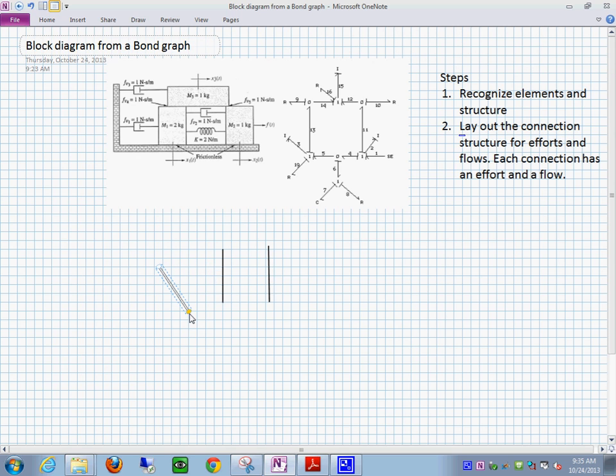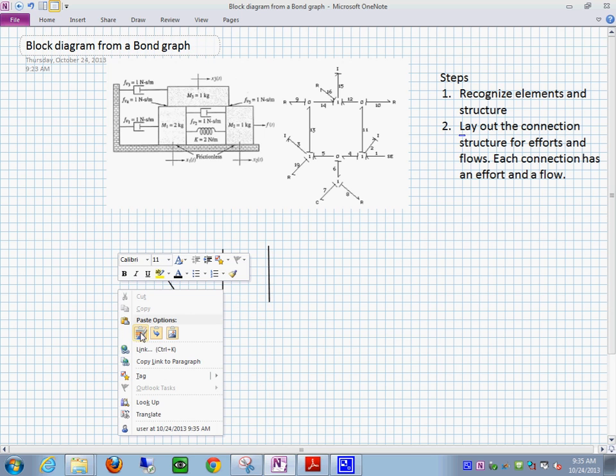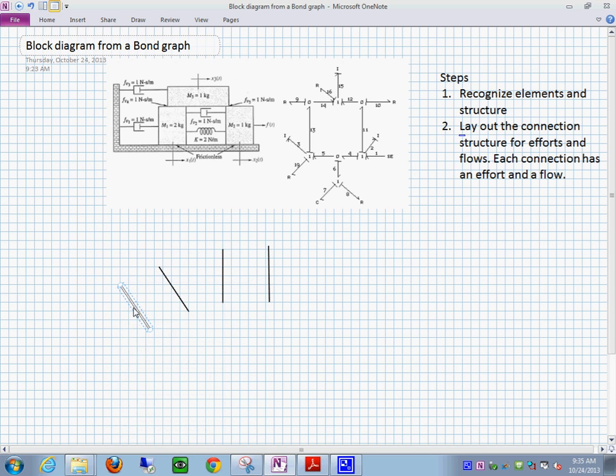I wonder if we can do a duplicate of this. Yeah, we can. Good. So this would be this R element. And then we need 2 for this R over here.